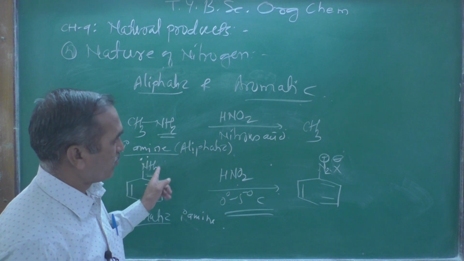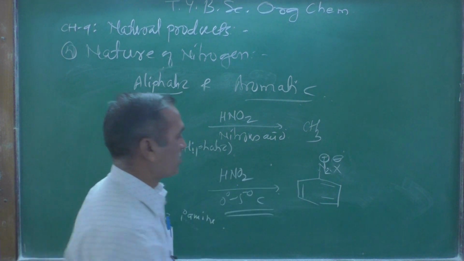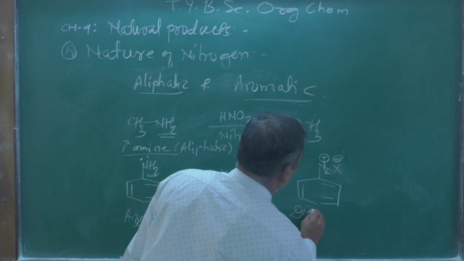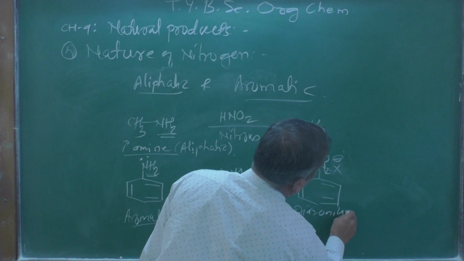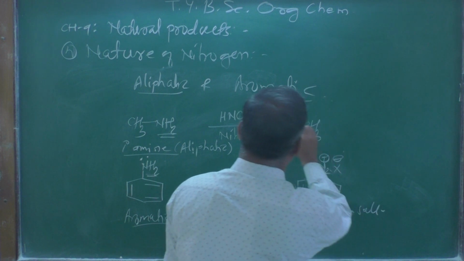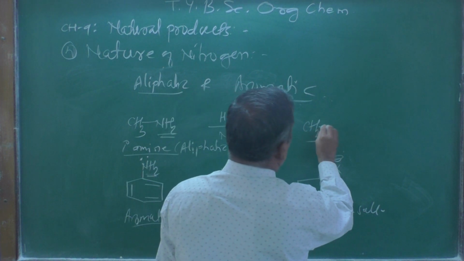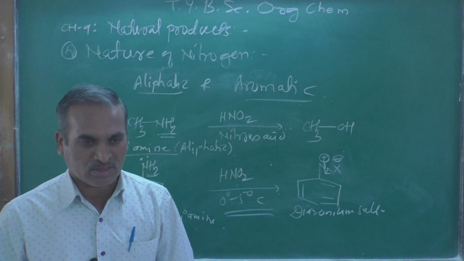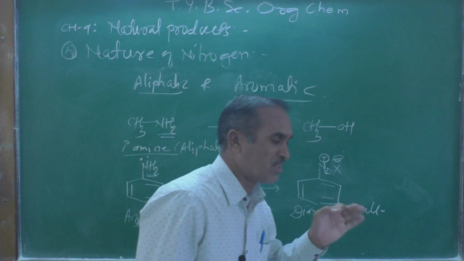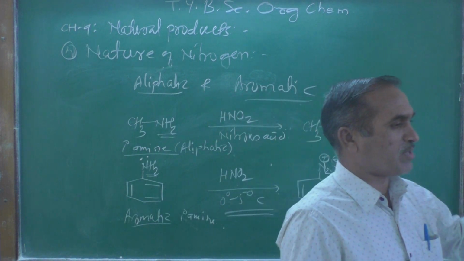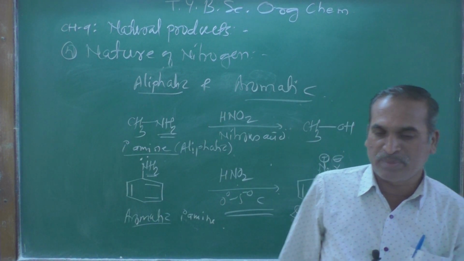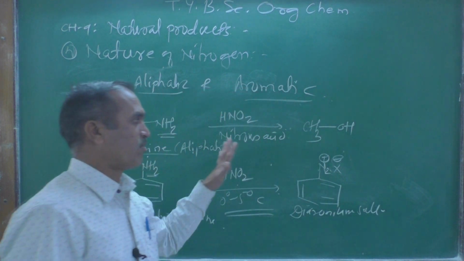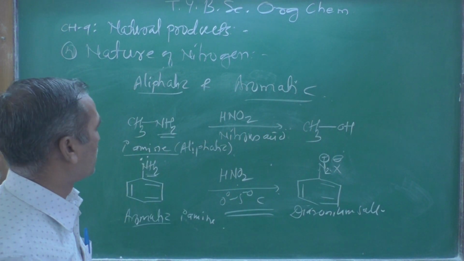When the aromatic compound forms, it gives a diazonium salt, whereas in the other case you directly get an alcohol. This is one of the methods for the synthesis of alcohol. Starting from the amine, we can prepare the alcohol.